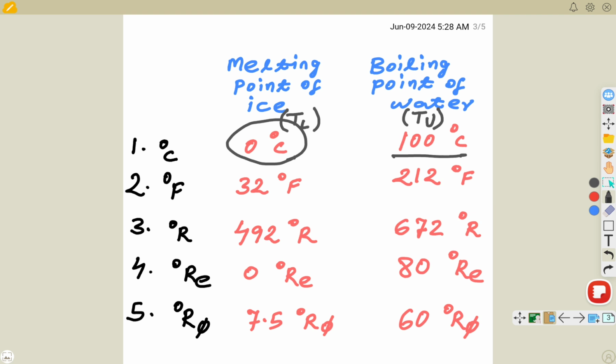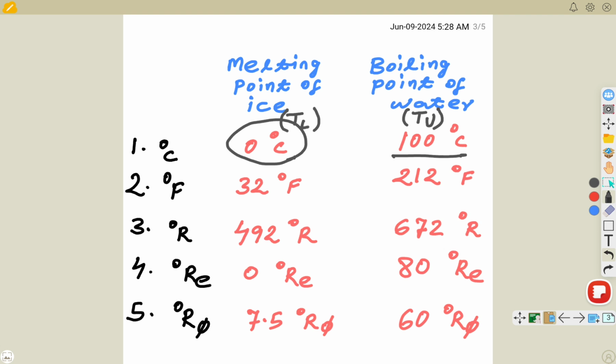Similarly, for Fahrenheit scale, it is 32 degree Fahrenheit for melting point of ice, that is the lower limit. Similarly, the boiling point of water is 212 Fahrenheit. In the Rankine scale, it is 492 Rankine for the melting point of ice and 672 for the boiling point of water.